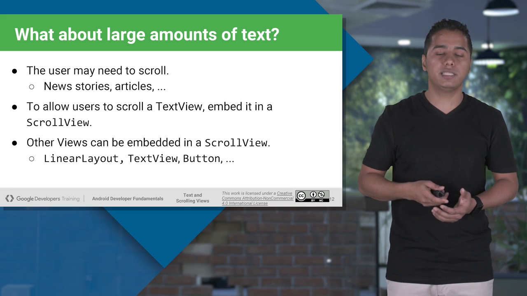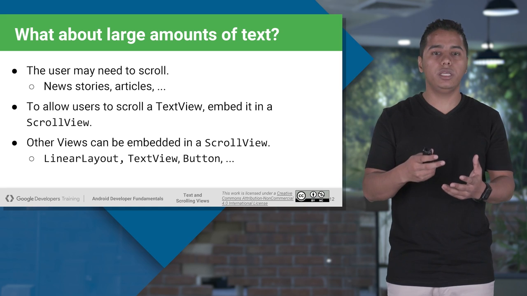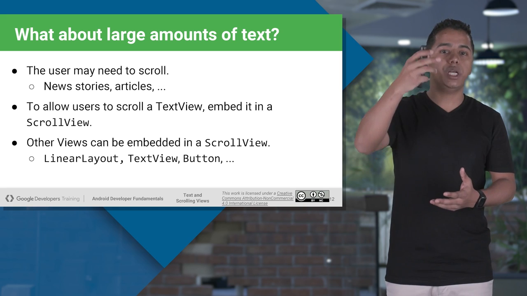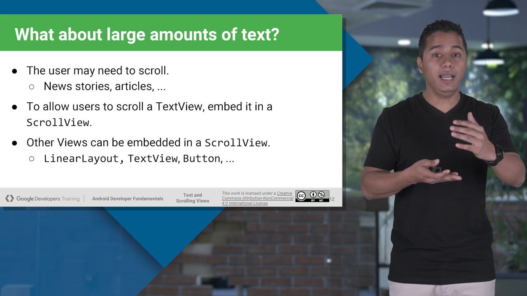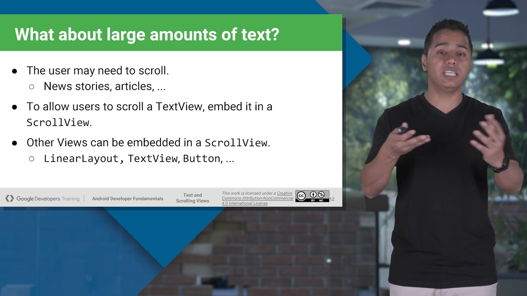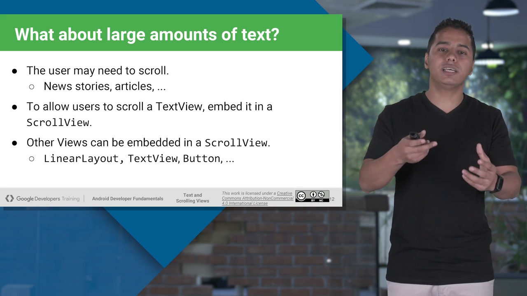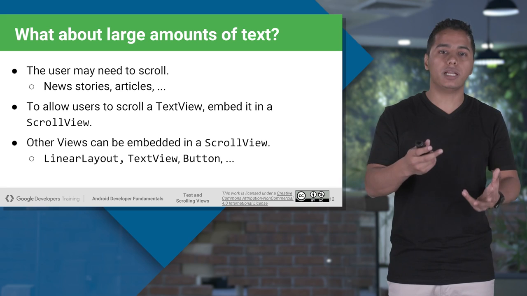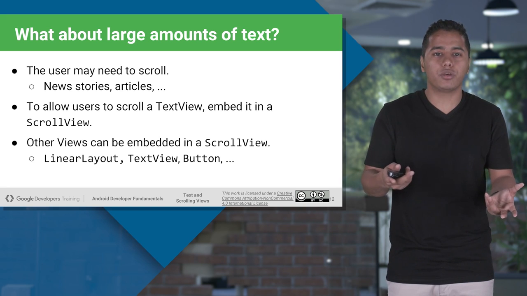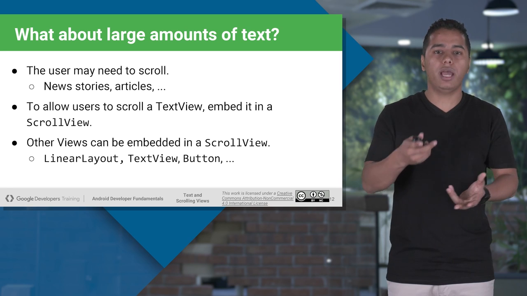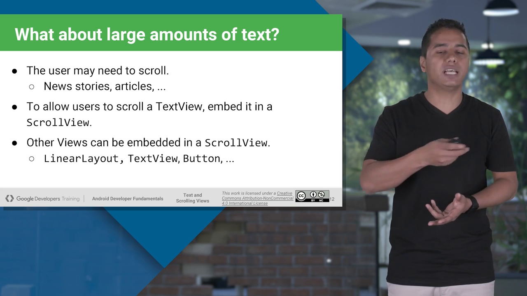How exactly is that happening? To get around that, at the root we define a ScrollView, and inside that we define a layout. And inside the layout, we all know we can put as many views as we want. But still, ScrollView sees that inside it there is only one view, that is the linear layout. And that solves our problem, because ScrollView just needs one view, and we are providing it only one view, that is the linear layout. And inside the layout, we can put as many views as we want.